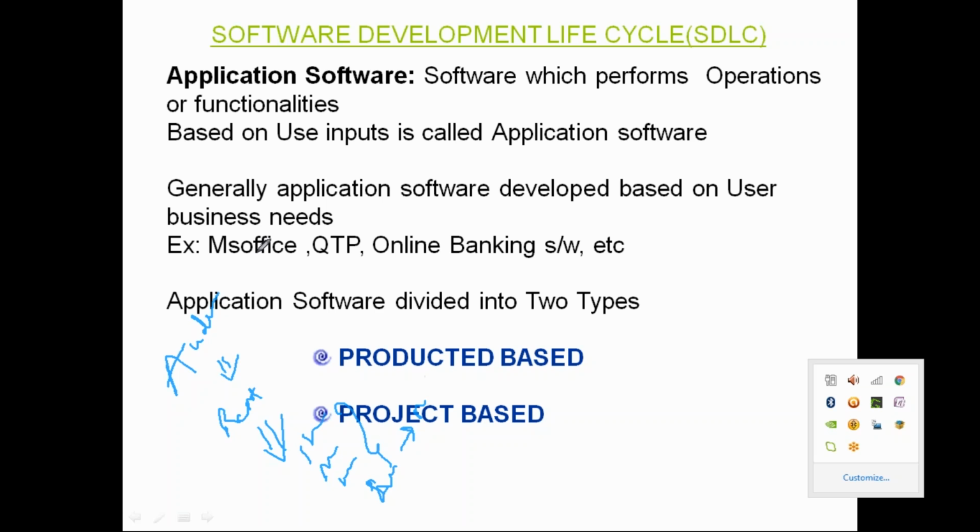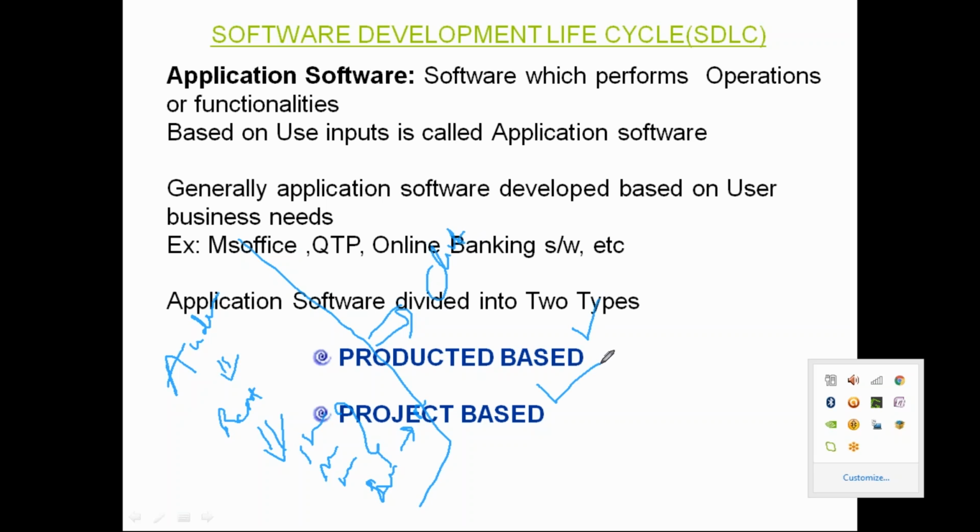So we developed this application depending on these specific requirements. He gave all the requirements to us, we developed it, and we delivered it to the client. And what type of software is it? Product or project? It's project based. Why?